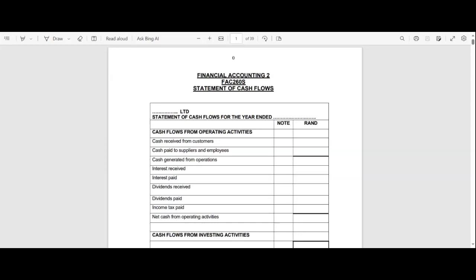Now, one other thing that we perhaps can just mention here, we are going to start off by looking at the history almost of this statement, because I think that will give you a clear idea where the statement comes in. Now, if we look at the other four financial statements, our statement of comprehensive income, our statement of changes in equity, our statement of financial position, the various notes to those statements, they provide us with a lot of very valuable information, right? They provide us with information about our profitability.